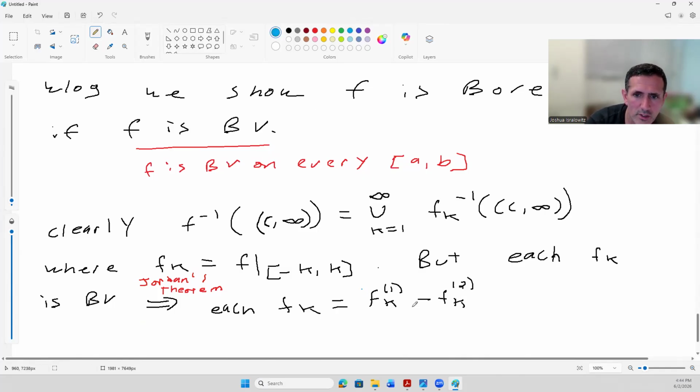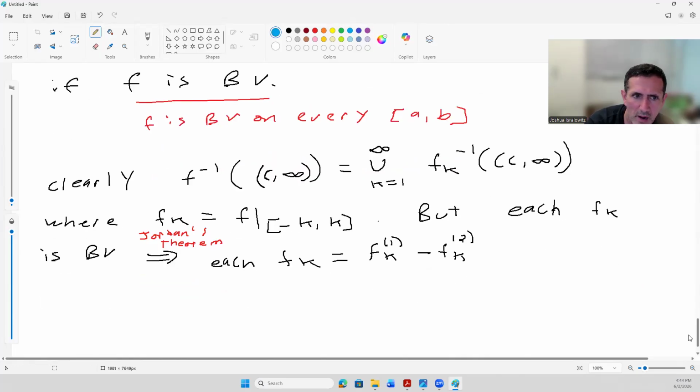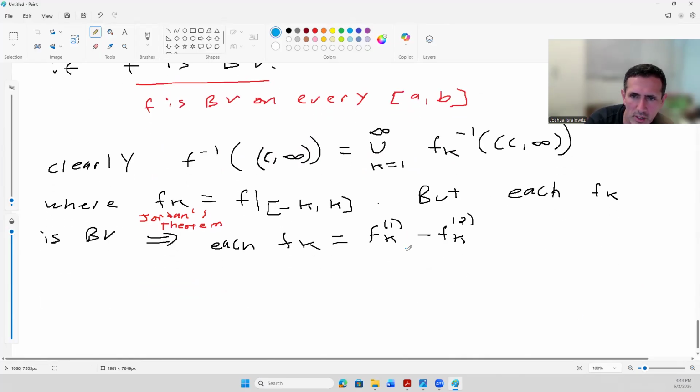And this is Jordan's theorem, that each bounded variation function can be written as the difference of increasing functions. Well, that means increasing implies, as we proved, Borel measurable.